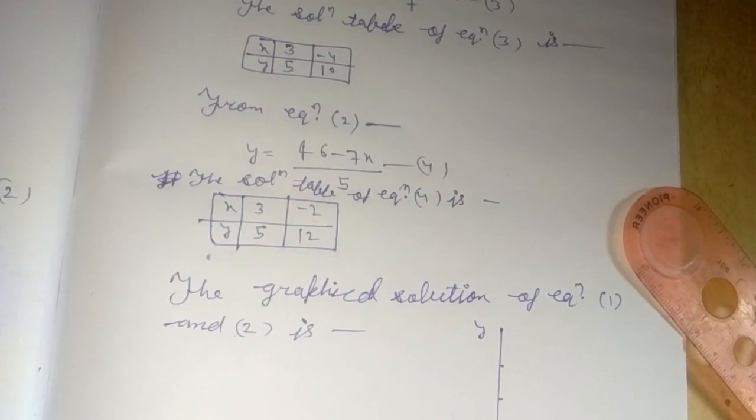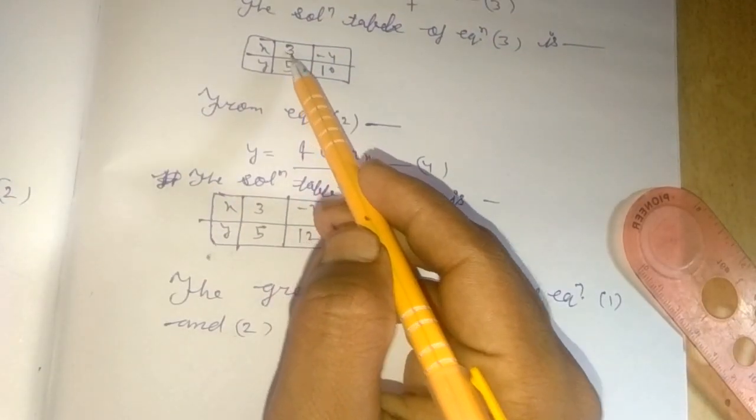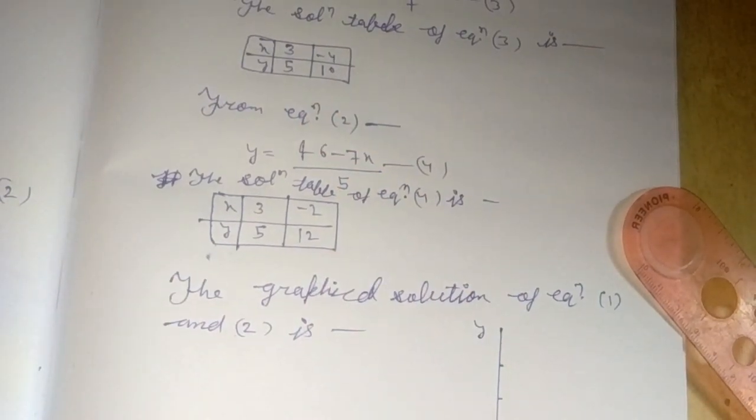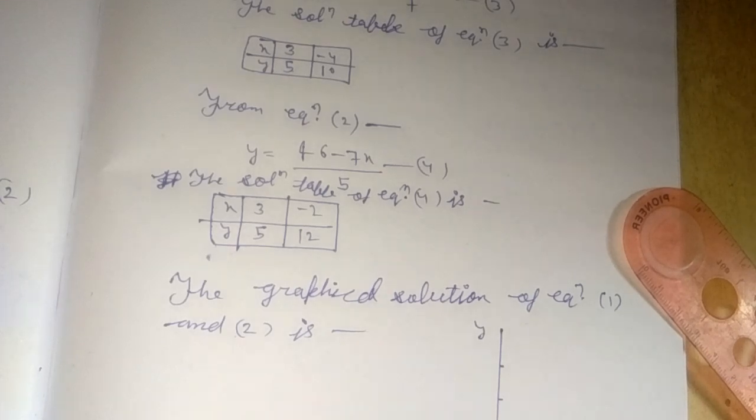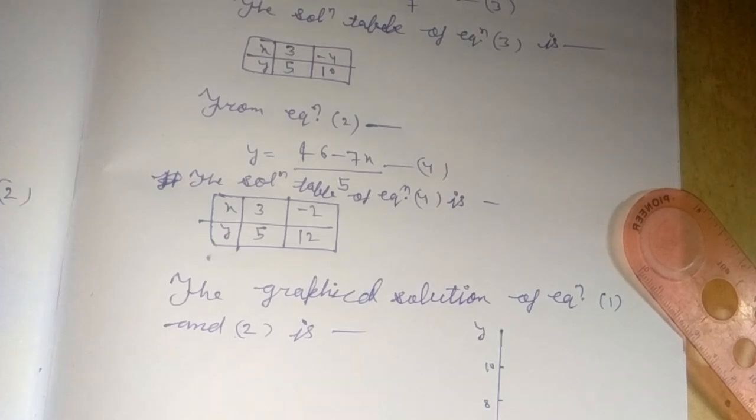Okay, so in the first table, when x is equal to 3, you get 5. So it is 1 2 3 4 5, 1 2 3, 2 4 6 8 10, -2 -4. So now look, when x is equal to 3, you will get y is equal to 5.